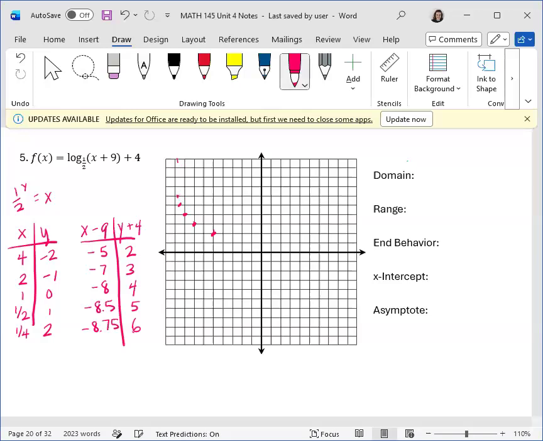All right, here's that smooth curve connecting those points.